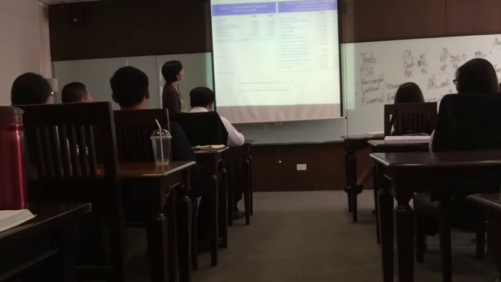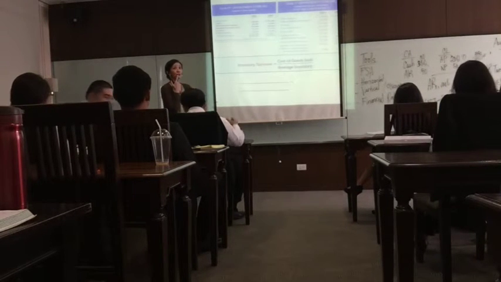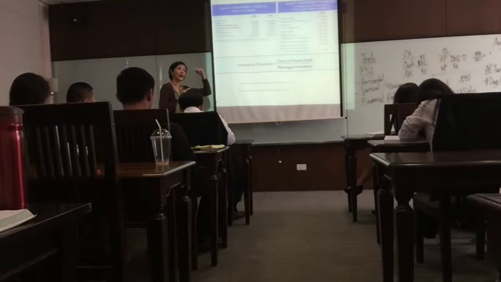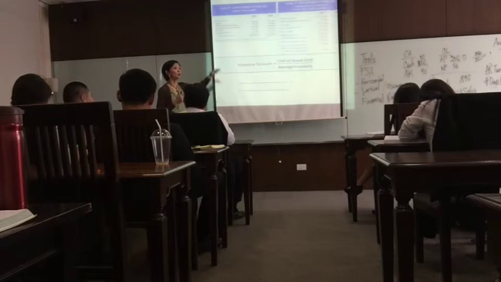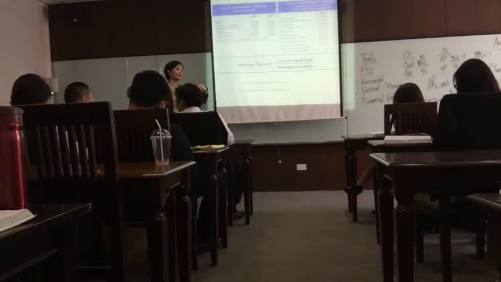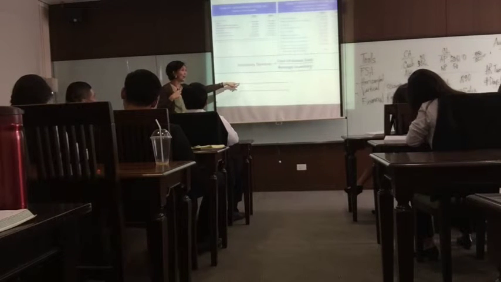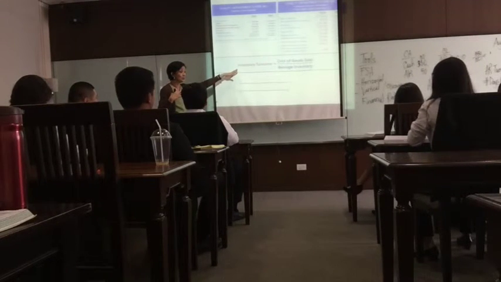Okay, next one, inventory turnover. Now that we have been reminded what turnover is all about in terms of AR, let's transfer that turnover knowledge into inventory. Ciara, so what does that mean?